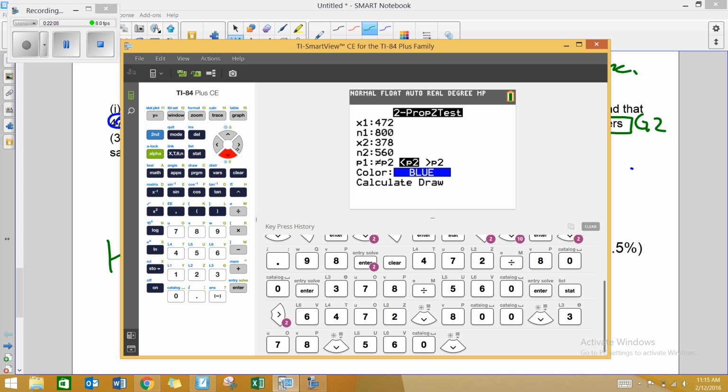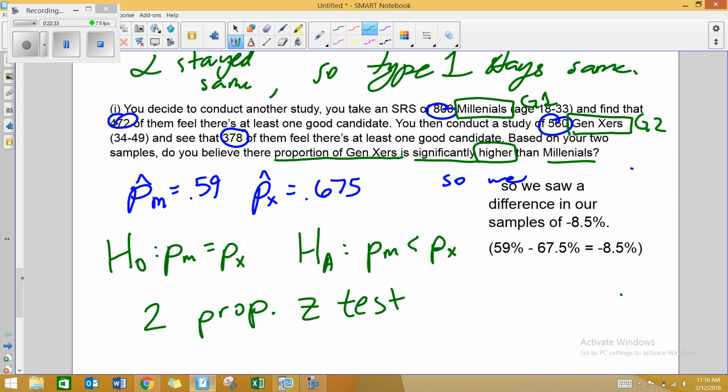I think that P1, group 1, the millennials, is less than P2, group 2, the Gen Xers. Okay, I am going to just calculate. I don't feel like drawing. This video is running a little longer than I wanted it to. All right, so we see a z-score of negative 3.19 and a p-value of some very, very small number that I'll jot down on the screen over here.